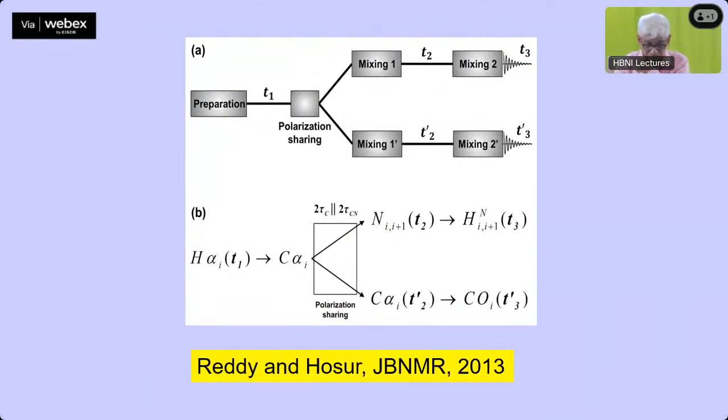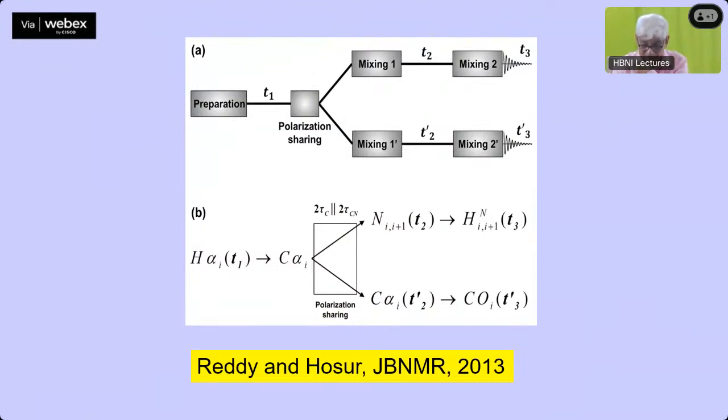The magnetization on C alpha is partly kept as C alpha of I and partly goes into the nitrogen of I and I plus 1. And this continues as usual in the HNN spectrum. It goes to the nitrogen of I and I plus 1, amide of I and I plus 1, which is detected as T3.